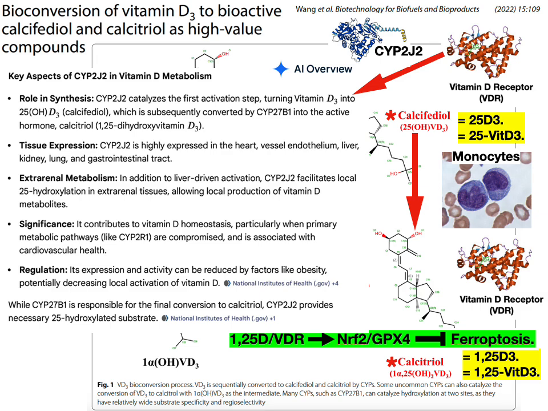Extrarenal metabolism. This is outside of the kidney, what we've just been talking about. In addition to liver-driven activation, CYP2J2 facilitates local 25-hydroxylation of vitamin D3 and vitamin D2 in extrarenal tissues, and that would include the circulating immune cells, allowing local production of vitamin D metabolites, such as calcitriol.